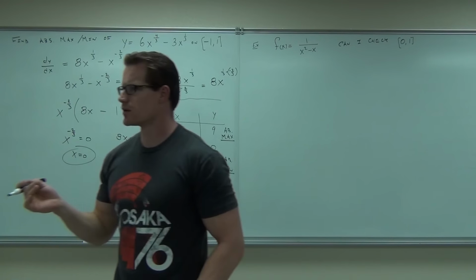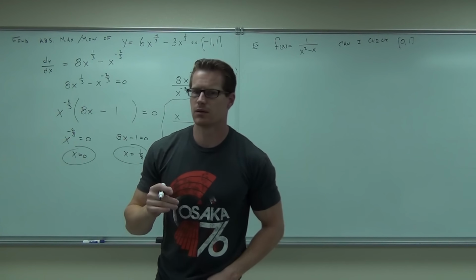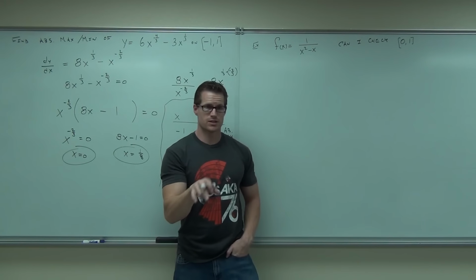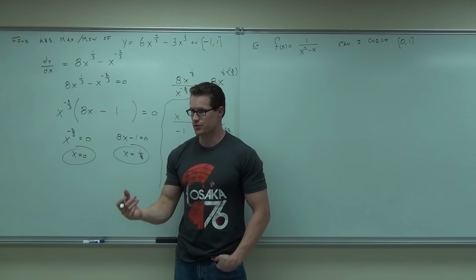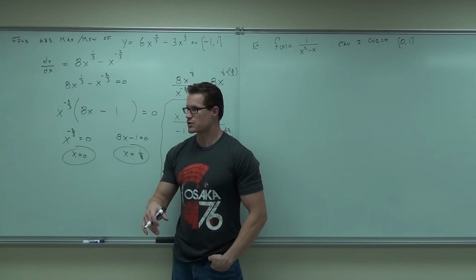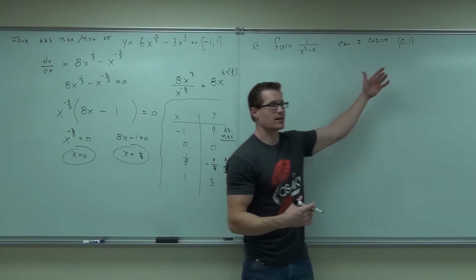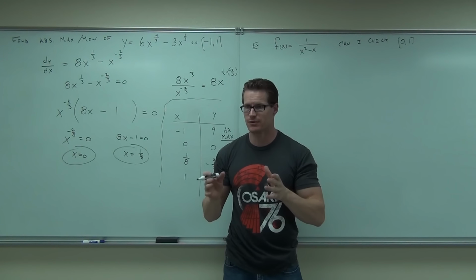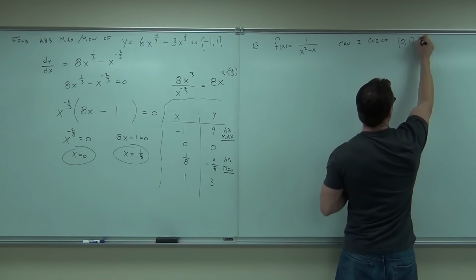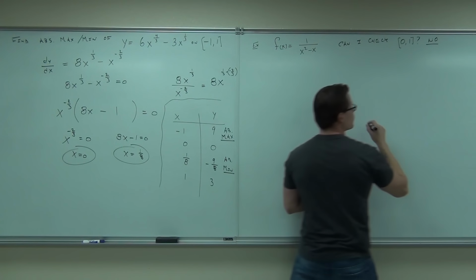Why or why not? So if I plug in 0, I would get a 0 on the denominator. That's not a good thing. If I plug in 1, I'll also get a 0 on the denominator. Do you see what I'm saying? So on this interval, I'm not going to have any endpoints because those are asymptotes at that spot. So I can't check this. No, I can only check the open interval.